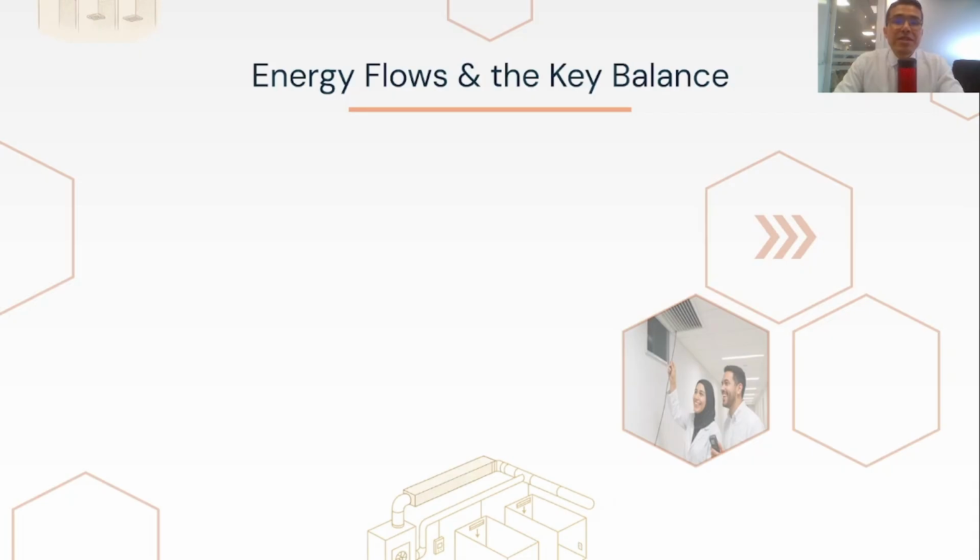So building on our discussion of how CAV and VAV systems handle loads, let's now delve into the fundamental principles that govern their operation, the energy flows and the key balance.